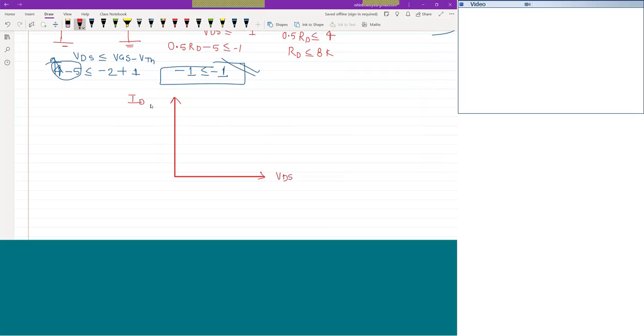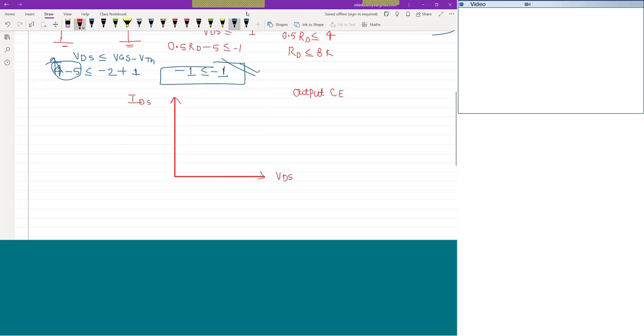This is the output characteristics of the MOSFET. And what do these characteristics say?